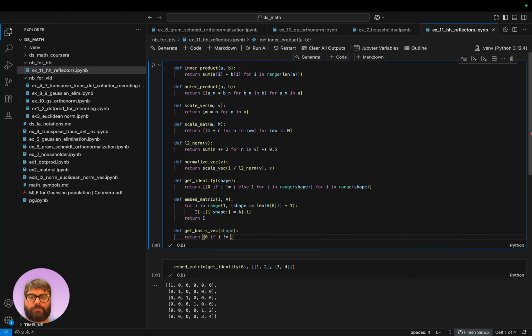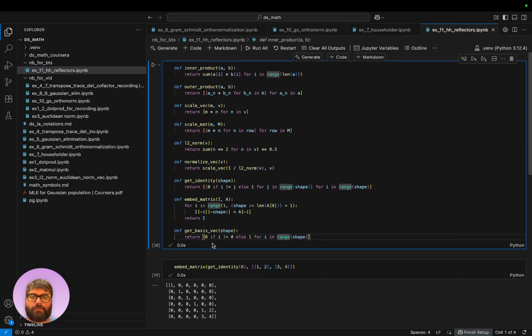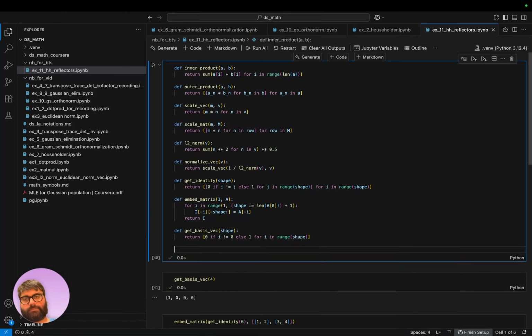So it's one for I in range shape. Zero if the index is not zero. Also gets me that. So let's just test it. Yep. All right, that's fine. Let's do matrix sub.